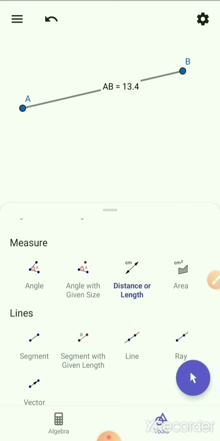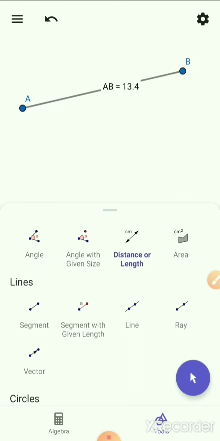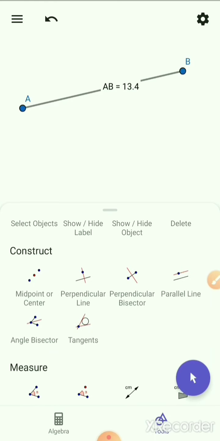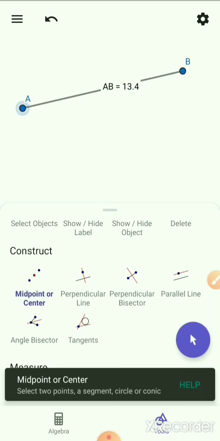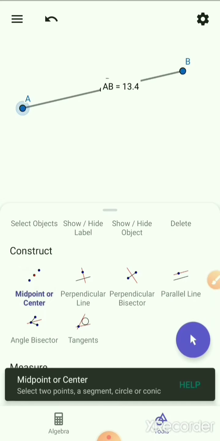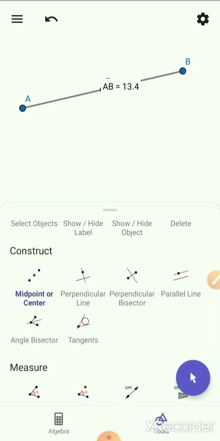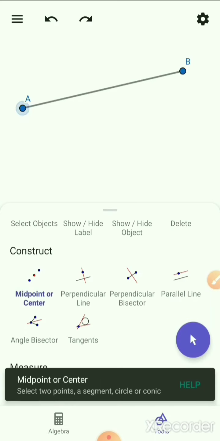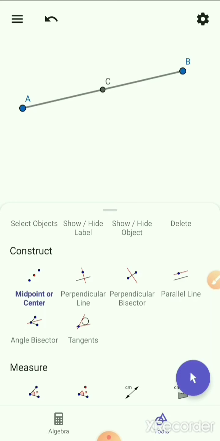Now if I draw a midpoint of segment AB, here I have drawn a midpoint of segment AB.